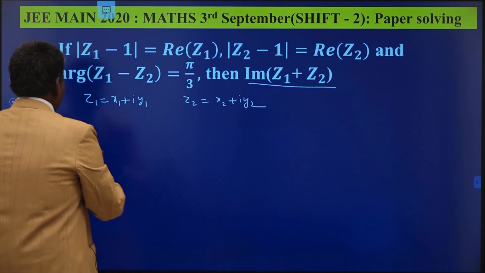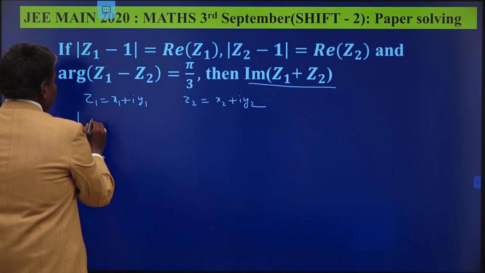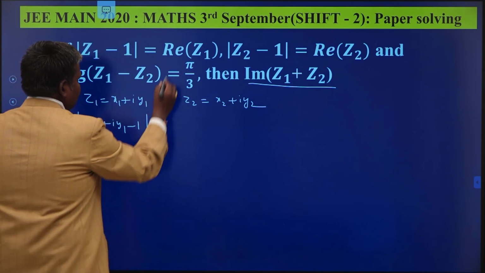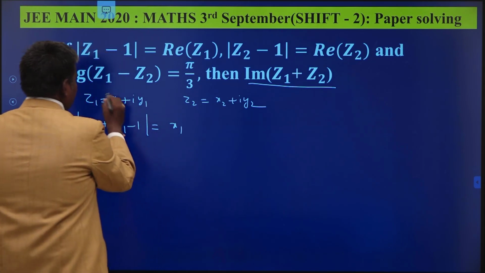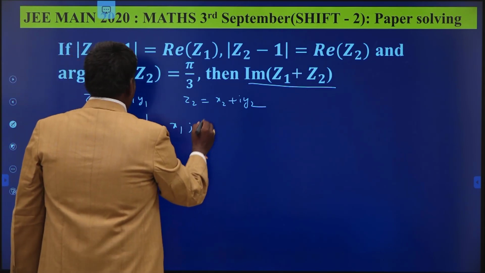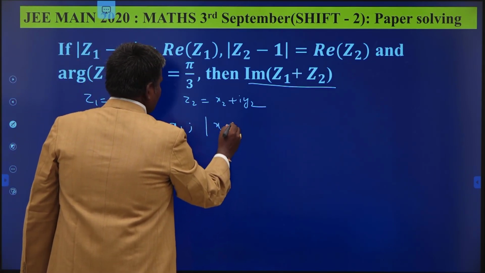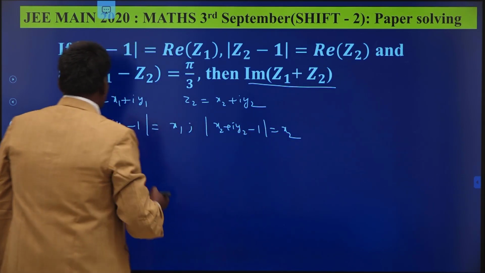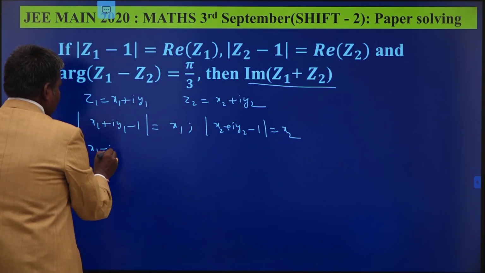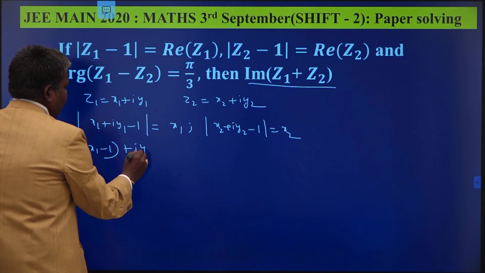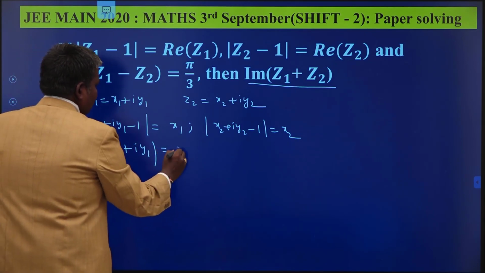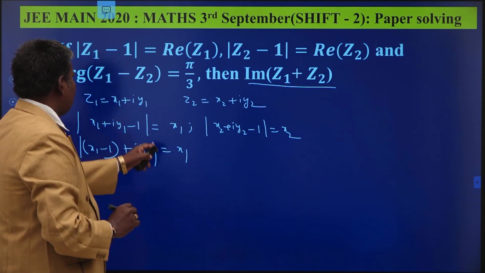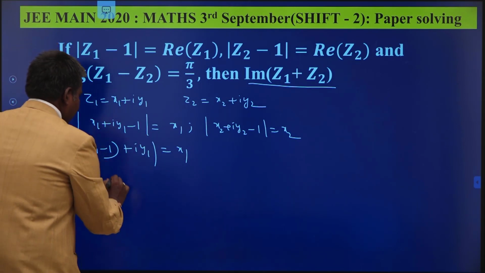Let us see. Modulus of x1 plus i y1 minus 1 is equal to real part of z1. What is that? x1. Again, modulus of x2 plus i y2 minus 1 is equal to x2. That means modulus of x1 minus 1 plus i y1 is equal to x1, that means root of (x1 minus 1) whole square plus y1 square.